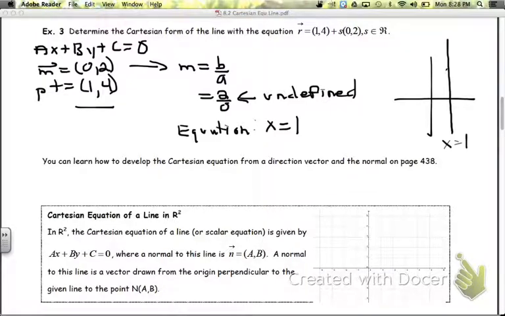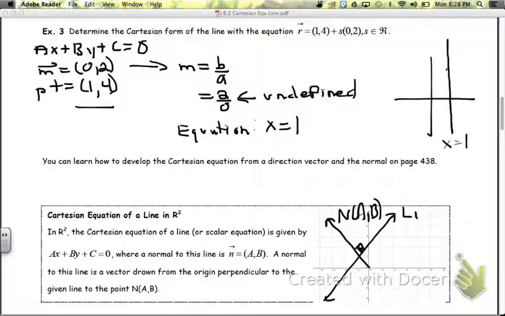So if I have my line here, line 1, and I wanted to draw my normal to this, we start at the origin and we draw perpendicular. Remember, perpendicular means that we have a 90-degree angle here. And this is our n, (a, b).